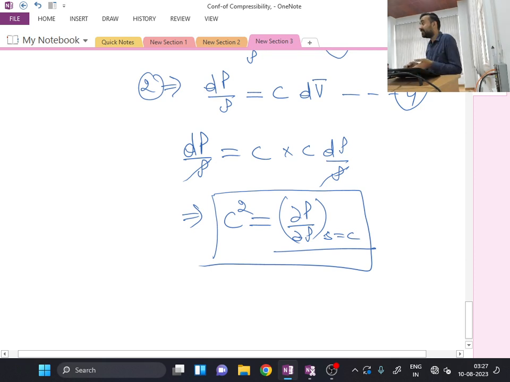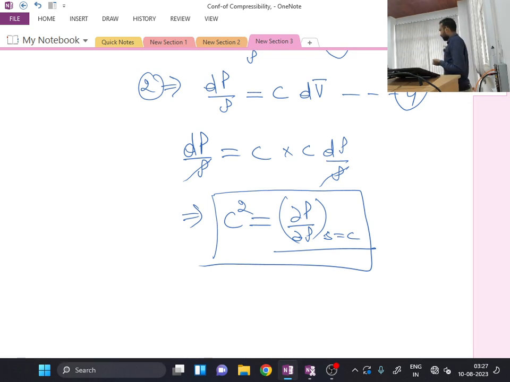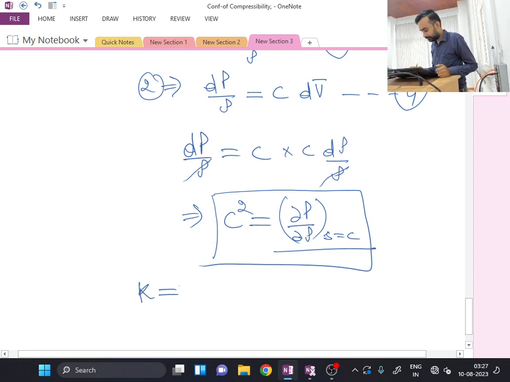Now you can write this in terms of compressibility. Though here I have defined isothermal compressibility, in a similar way we also have the isentropic compressibility. Okay, so isentropic compressibility is defined as 1 by rho times del P by del rho at constant entropy.